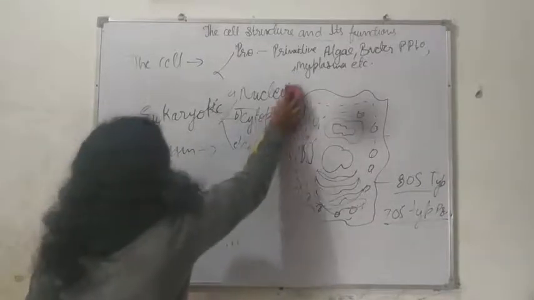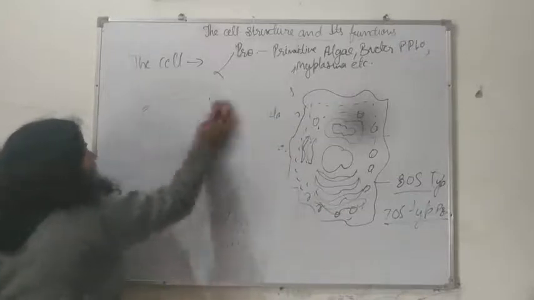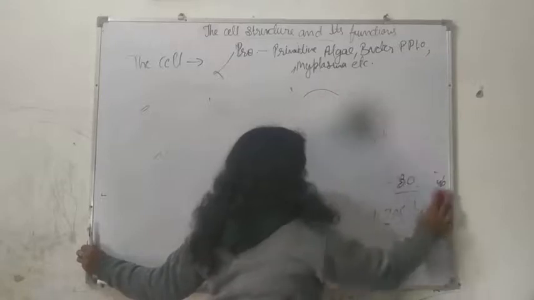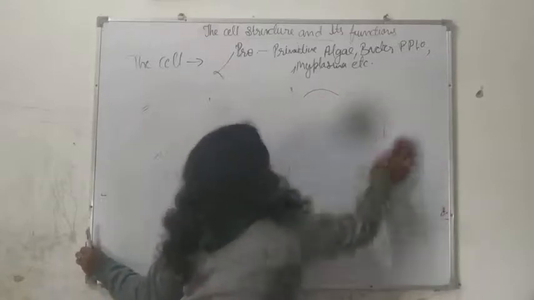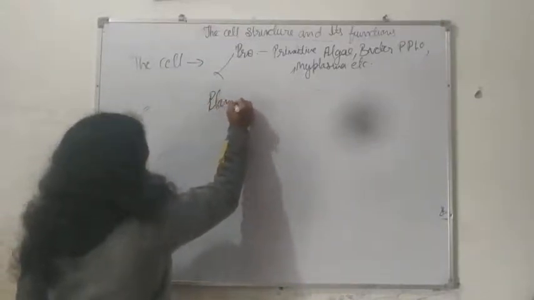Now come to the next. As we know, the eukaryotic cell is found in both plant and animal cells, but there are many differences between the plant cell and animal cell. So let's see what the differences are.